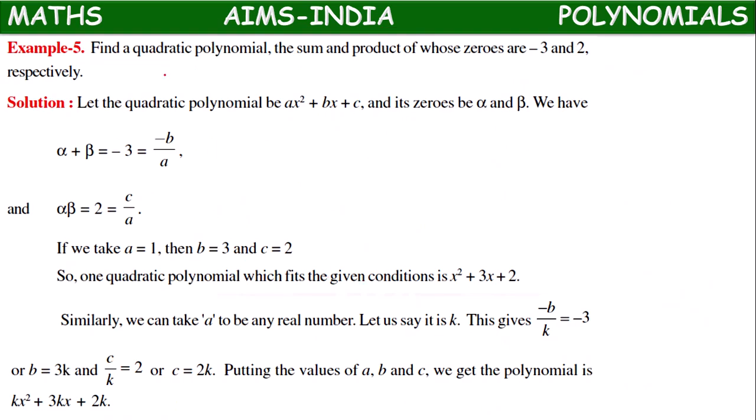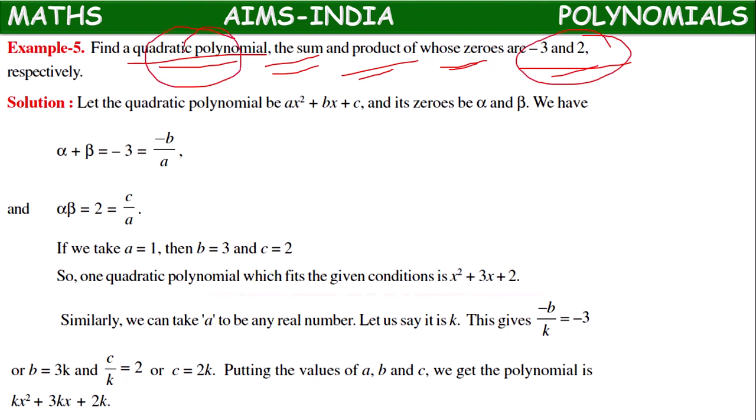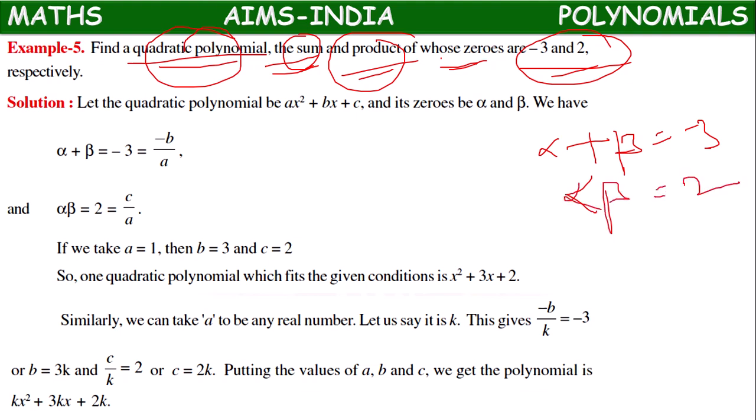Next one. Find the quadratic polynomial, the sum and the product of whose zeros are minus 3 and 2. We have to find a quadratic polynomial whose sum of zeros is minus 3, whose product of zeros alpha beta equals 2.